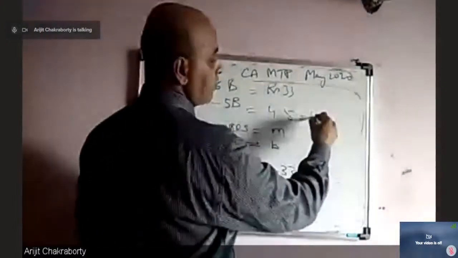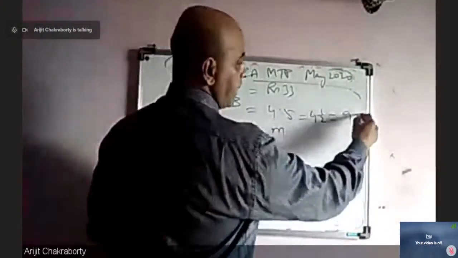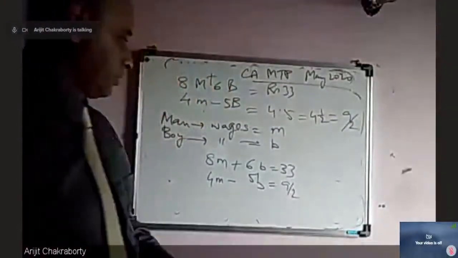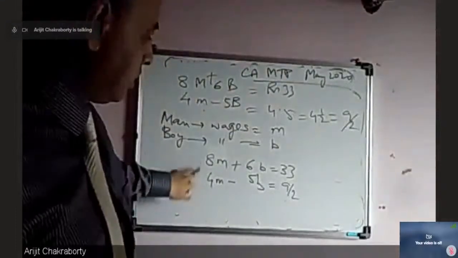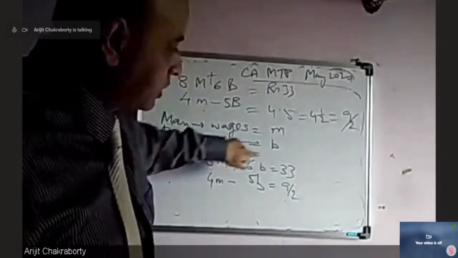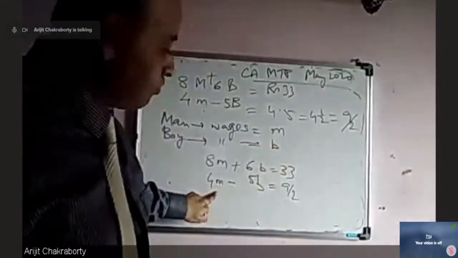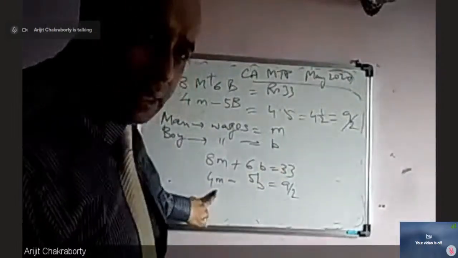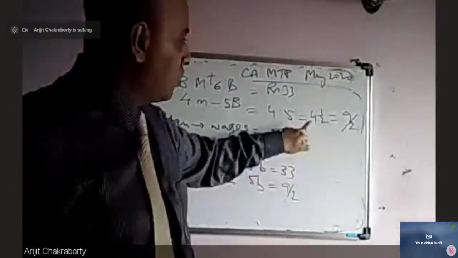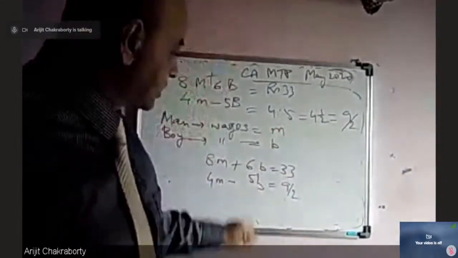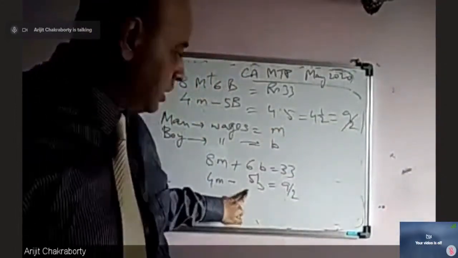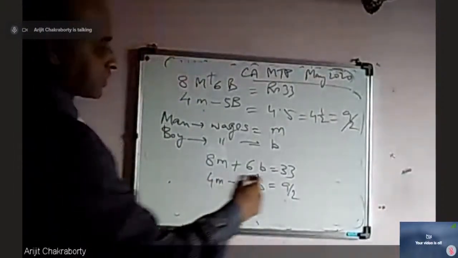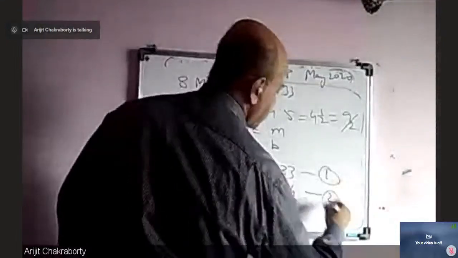You know 4.5 means 9 by 2. So we write 9 by 2. The wages earned by 4 men is rupees 4.5 more than the wages earned by 5 boys. So 4M minus 5B equal to 9 by 2. This is equation 1. This is equation 2.